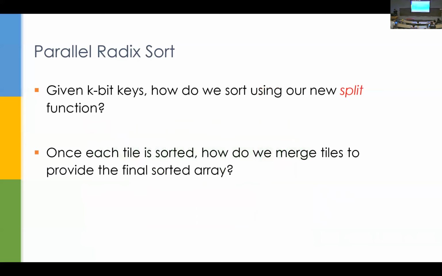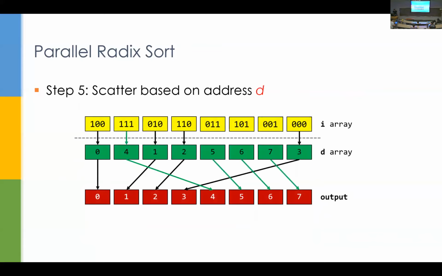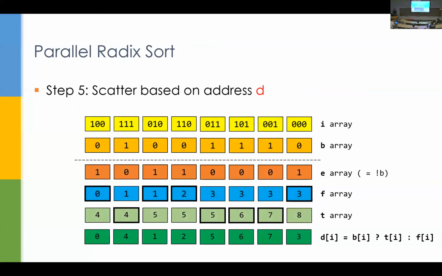All right. So given k bits, how do we sort using a new split function? So if we go back, remember how this is working on 1 bit each?